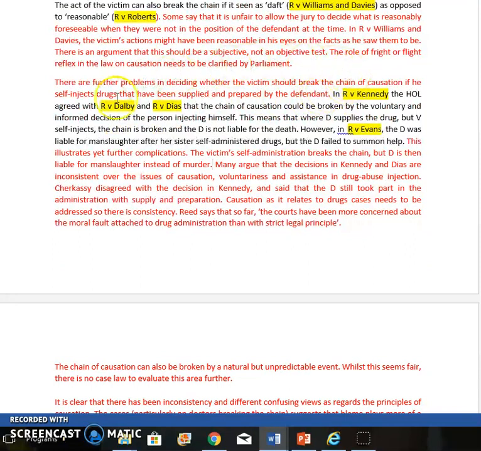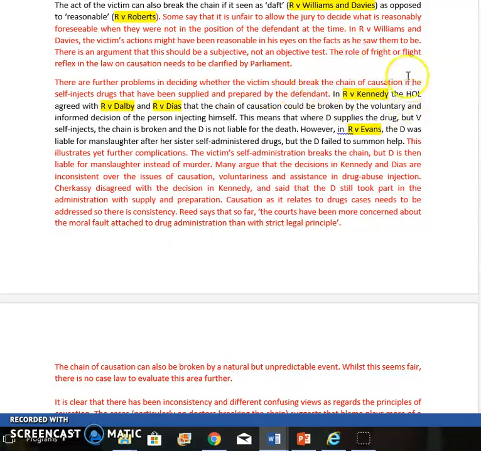But the big problem that I mentioned earlier in causation is actually about, does the victim break the chain of causation if the defendant supplies him with drugs and then he injects himself?